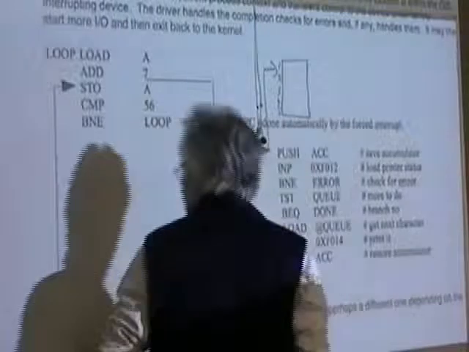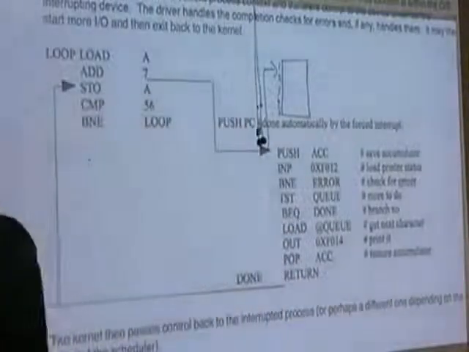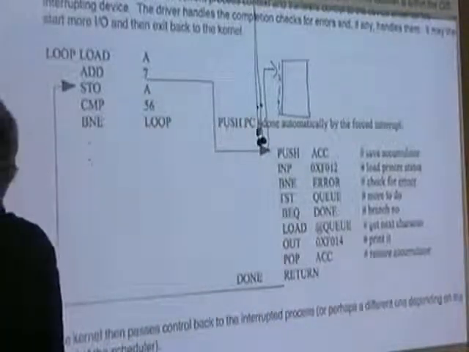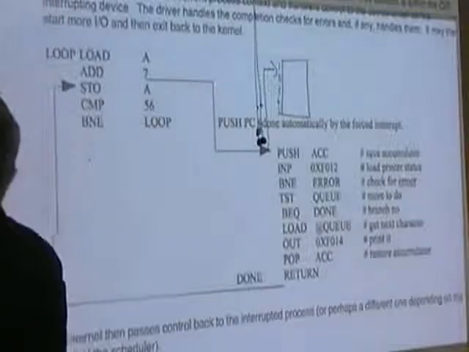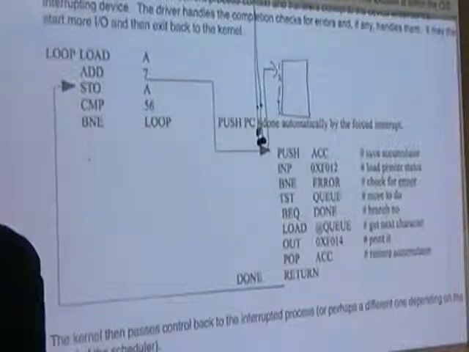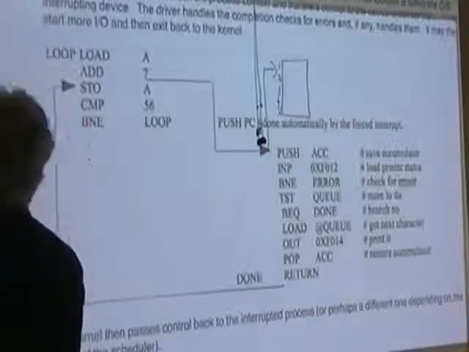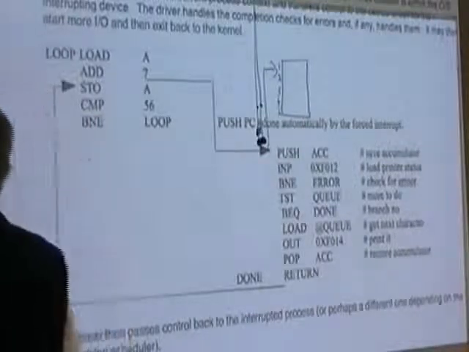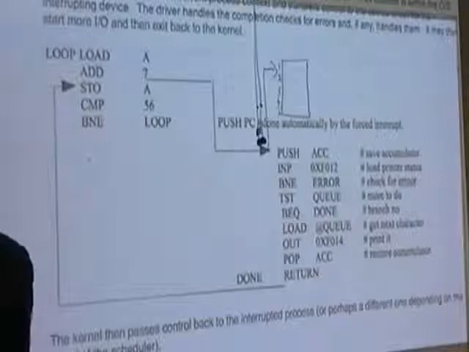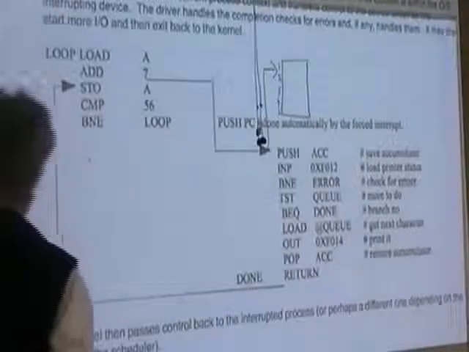And let's say the printer is interrupt 2. And the keyboard is interrupt 3. I'm making these up. And the disk drive is 5.